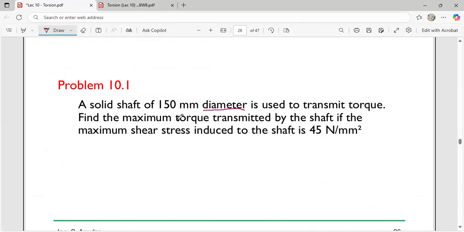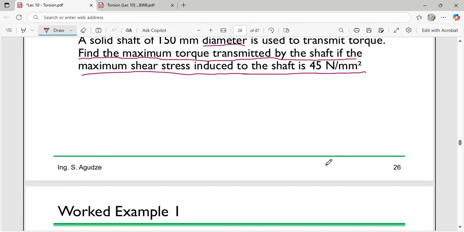Find the maximum torque transmitted by the shaft if the maximum shear stress induced in the shaft is 45 Newton per mm squared.